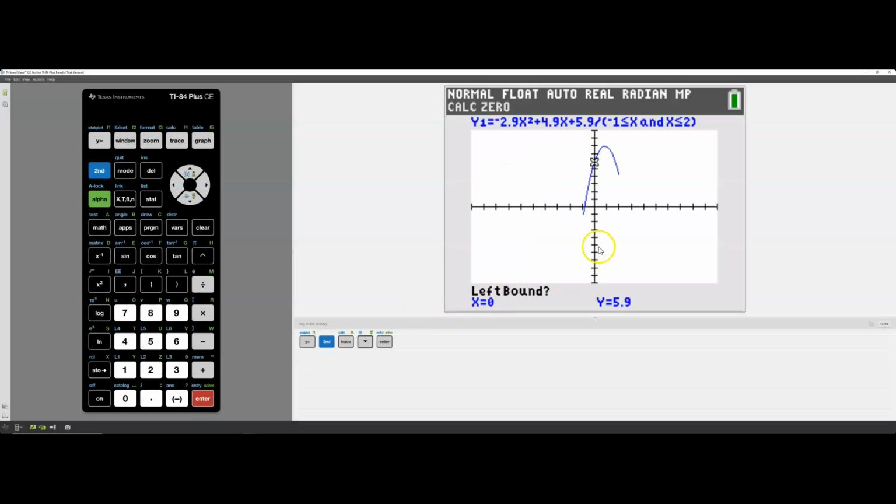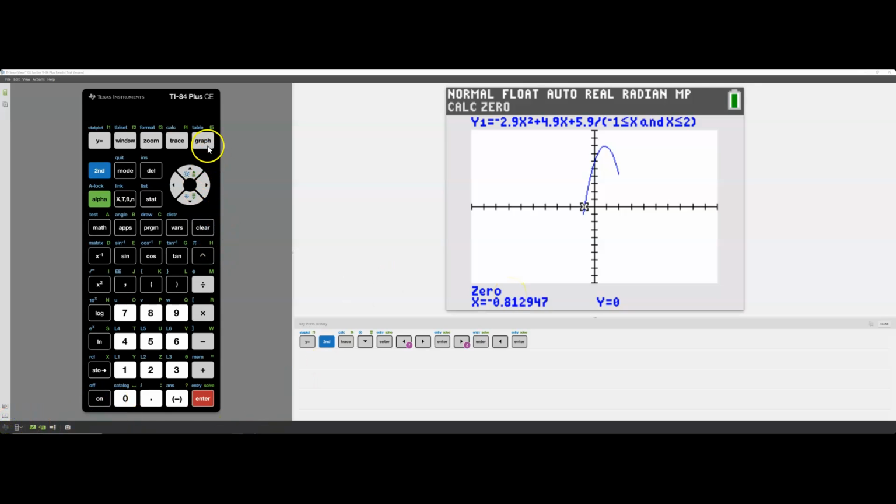Enter. Okay, and I want to find this 0 down here. So I'm going to move my cursor before the 0. That's my left bound. Enter. Okay, then after my 0, that's my right bound. Enter. And then where I think the 0 is. That's my guess. Enter. And that's my 0.